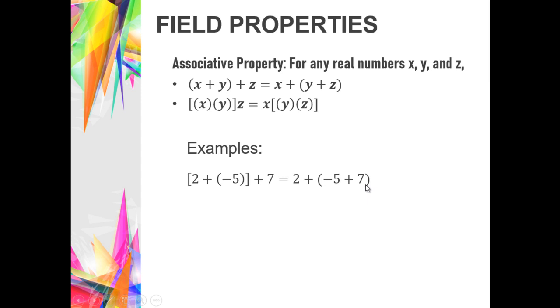Thus, the associative property. What makes it different is that only the grouping symbol changes, not the placement or the order of the numbers inside the field. 2y plus 5 enclosed in parentheses, plus 3x, is equal to 2y plus the quantity 5 plus 3x in parentheses.